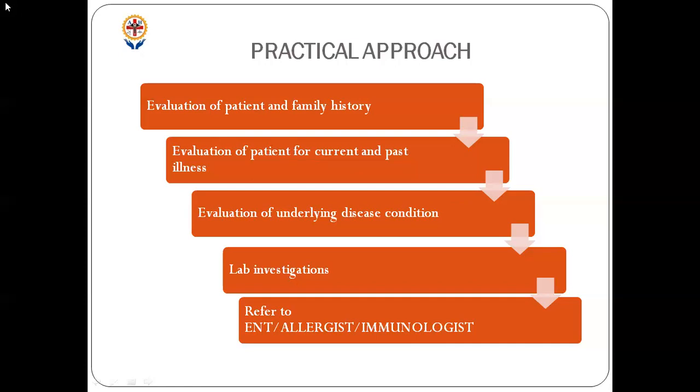And if you are suspecting any primary immunodeficiencies, you can refer to an immunologist. So following a schematic approach, proper history and clinical examination always drive you towards a proper diagnosis.